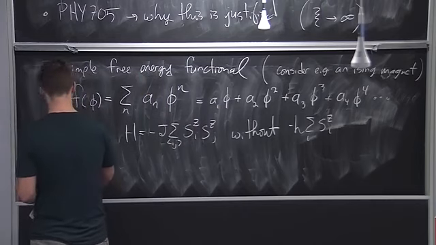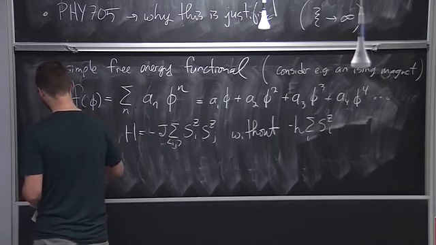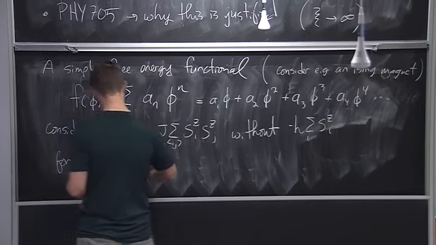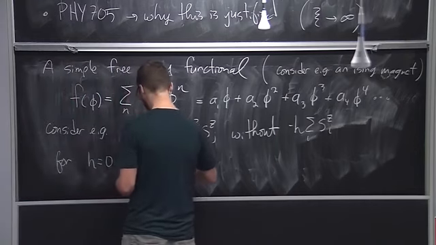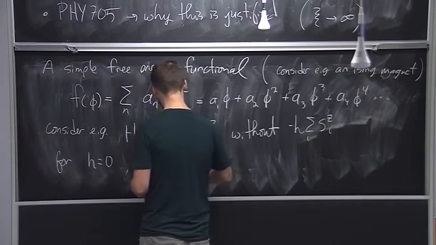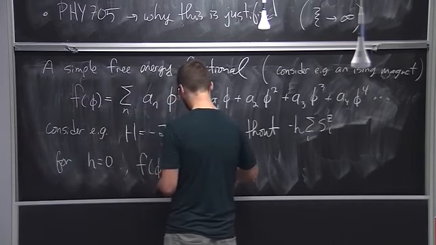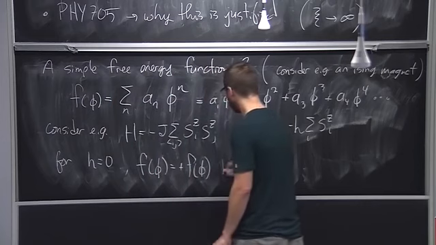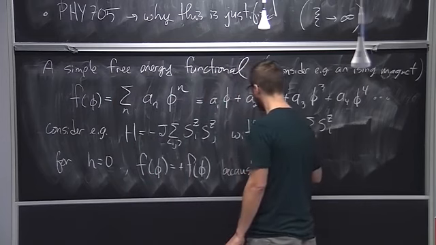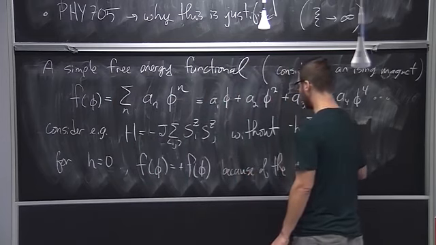So for h equals 0, oops, it should be f of minus phi equals plus f of phi, because of the Hamiltonian symmetry.